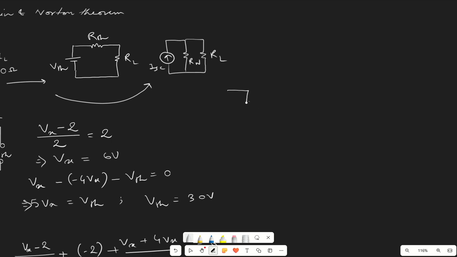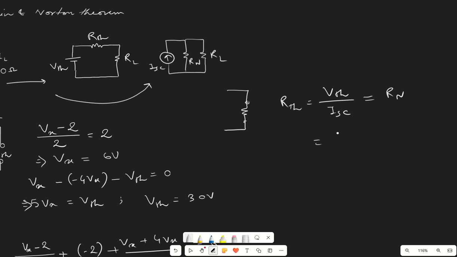That means, suppose this is our load resistance where we are going to determine the value of VTH, RTH, ISC. So the value of RTH can be given by VTH divided by ISC, which is also equal to RN, right?